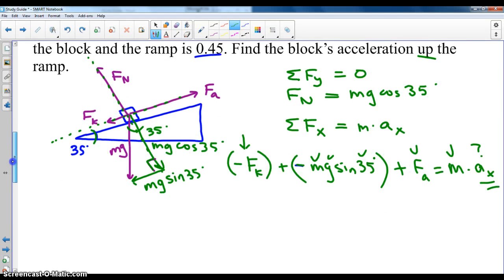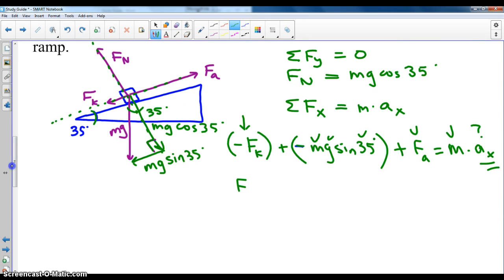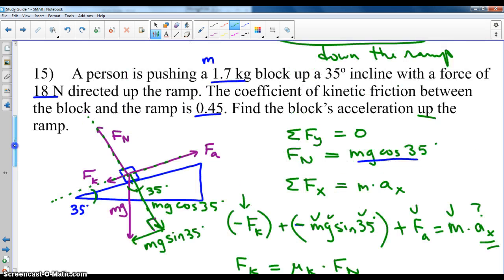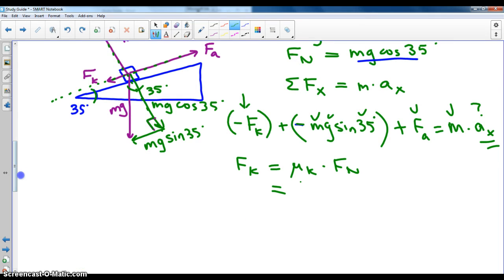Okay. So how do we find Fk? It's pretty simple. Mu k times normal force. The normal force is mg cosine theta. Right. Mu we were given in the problem. What was mu? They told us it was 0.45.